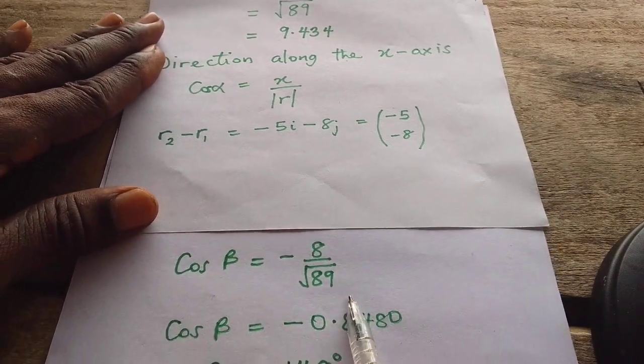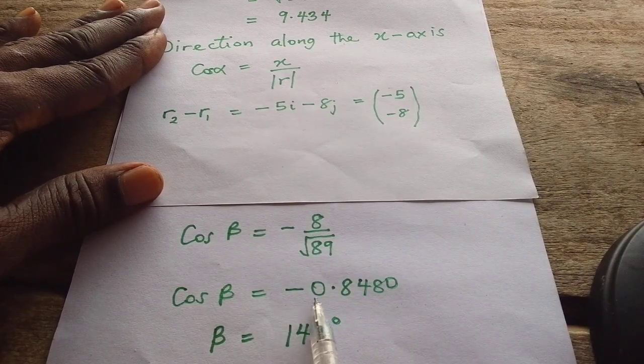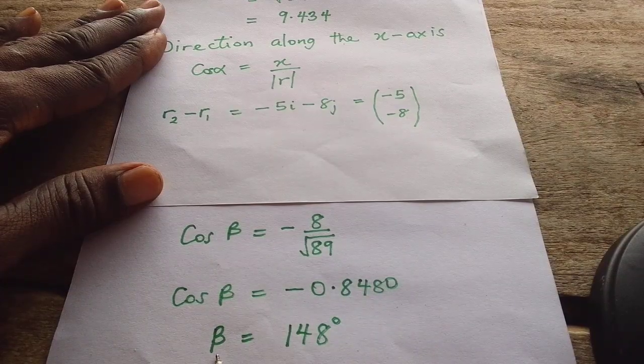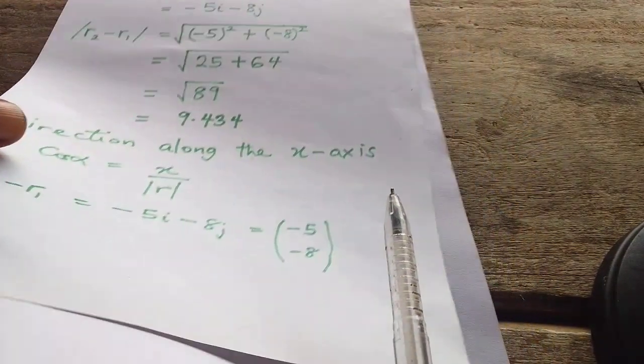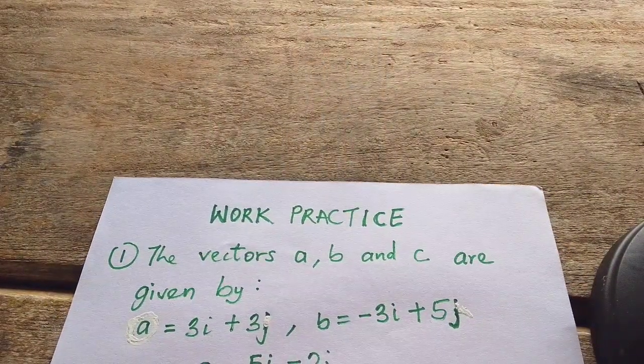Minus 8 divided by root 89 gives us minus 0.8480. To look for beta, you look for the arc cos of minus 0.8480, which should give us 148 degrees.